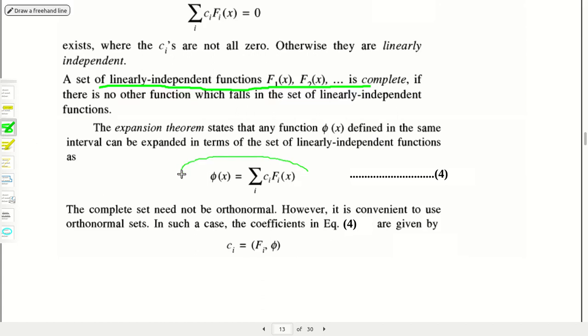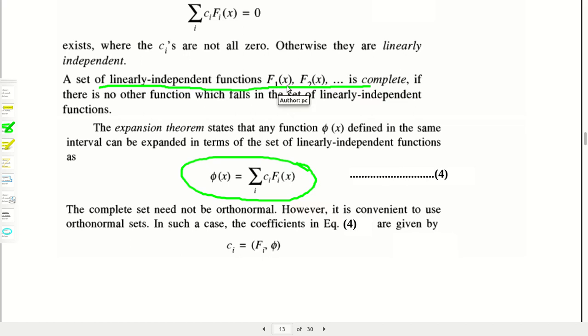See what I am talking about from the beginning of my class. Any other function can be written as a superposition of such functions which are orthogonal to each other and form a complete basis set. That is, no other functions are required to put into the sum.